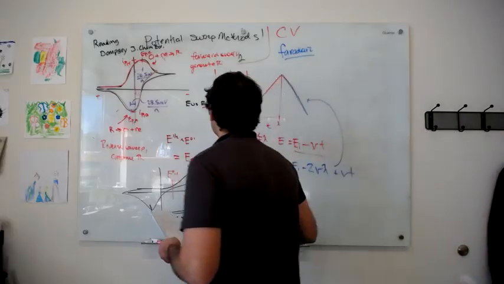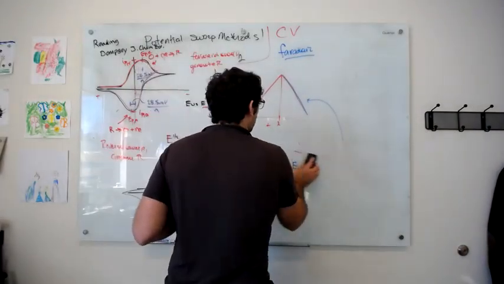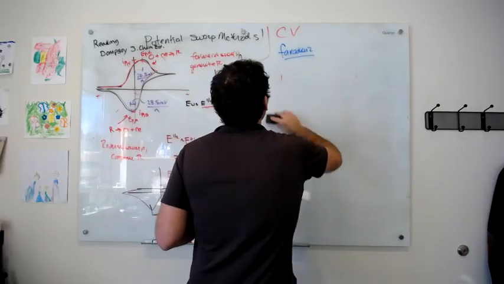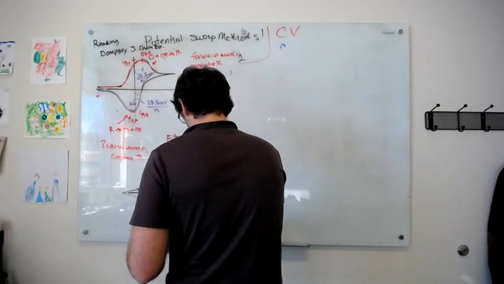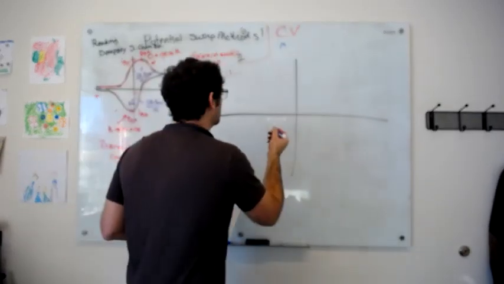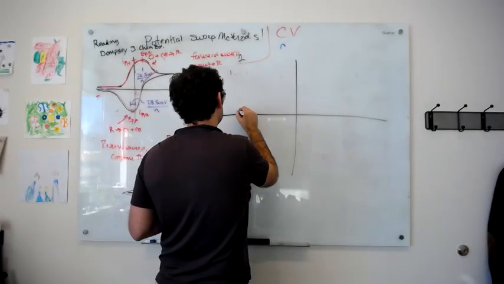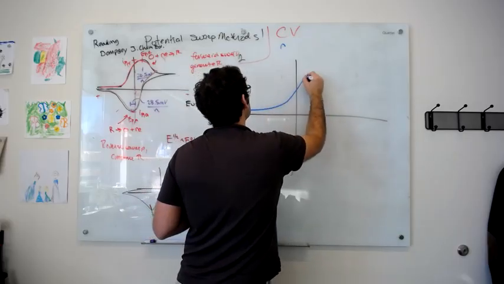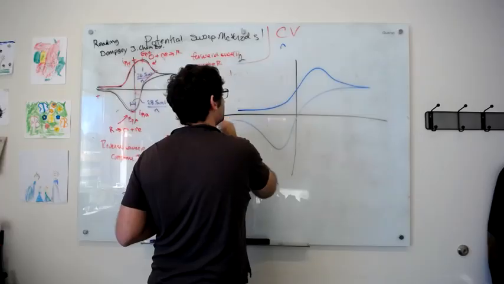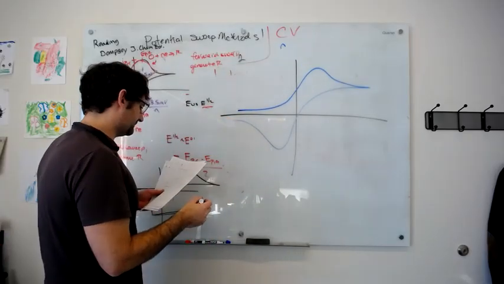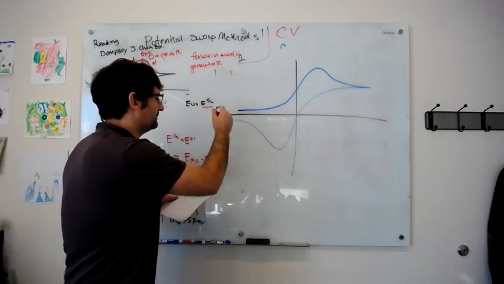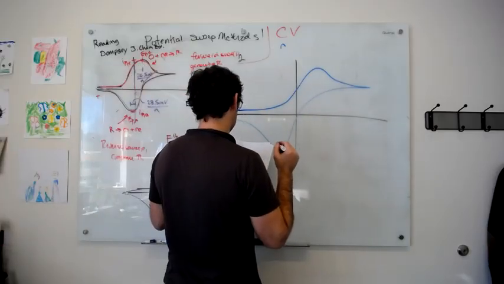Okay, so now what I'd like to do is think a little bit about what the concentration gradients look like that develop during voltammetry. And this, by the way, would be an excellent question for the final exam. So here's my voltammogram. And let's think about what would happen as we progress through this voltammogram.